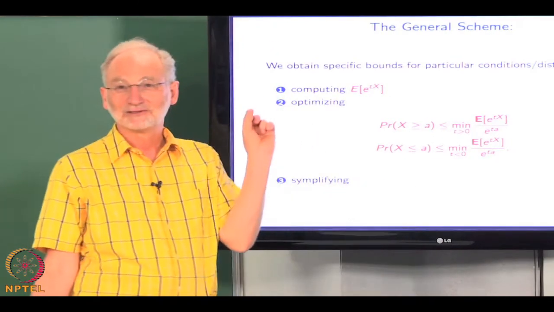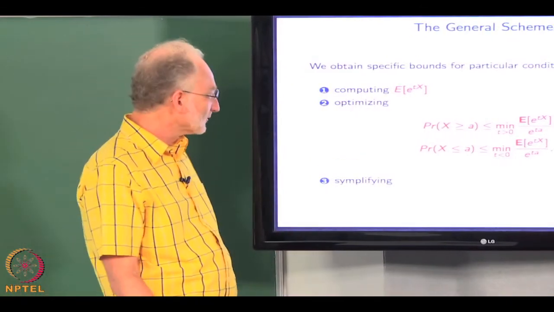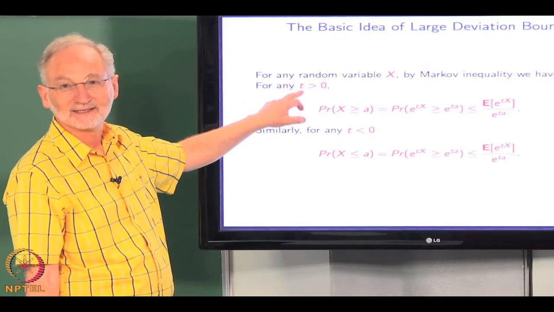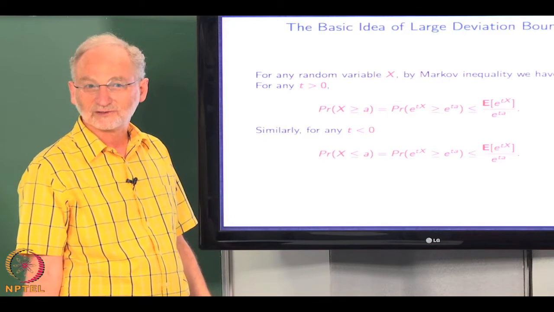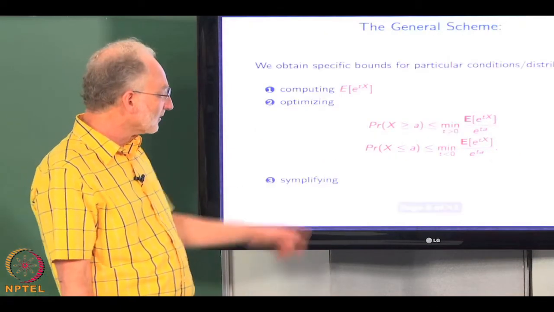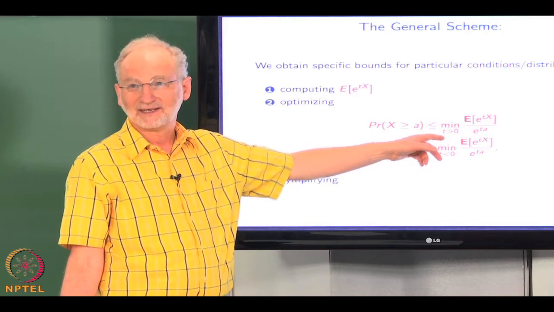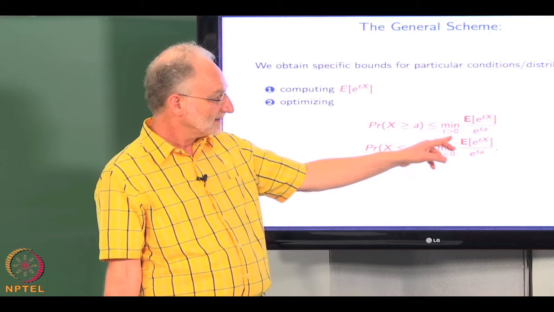But now we have a free value here to play with, because we just say, take any t, either greater than 0 or smaller than 0. So now you can play with t.